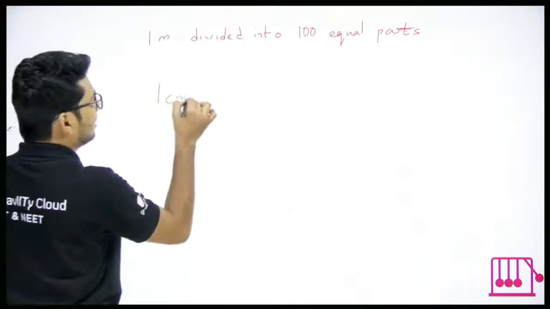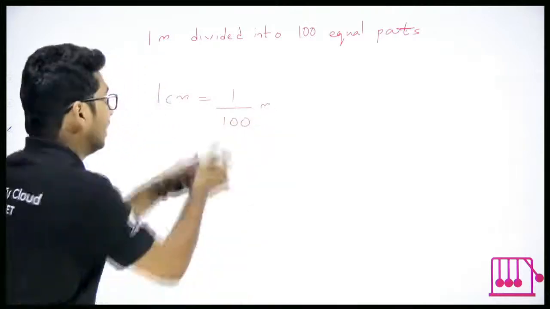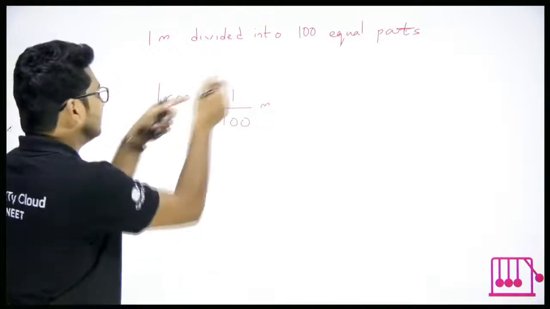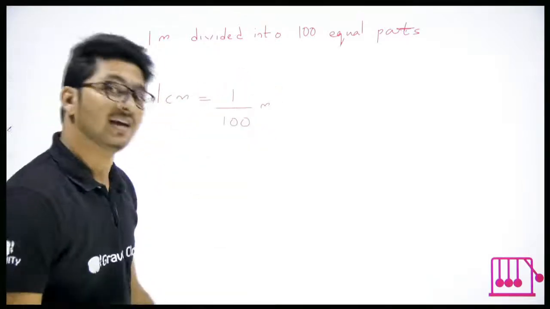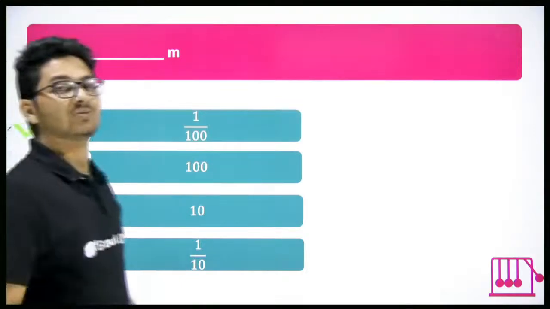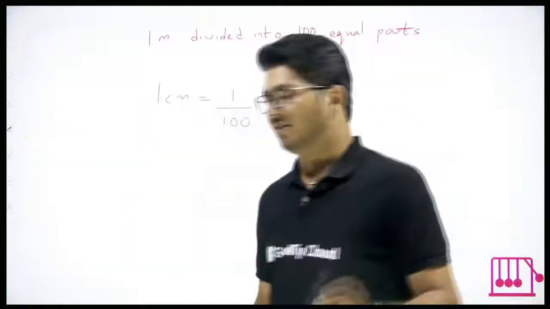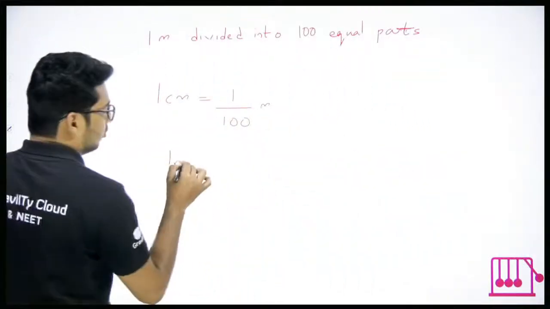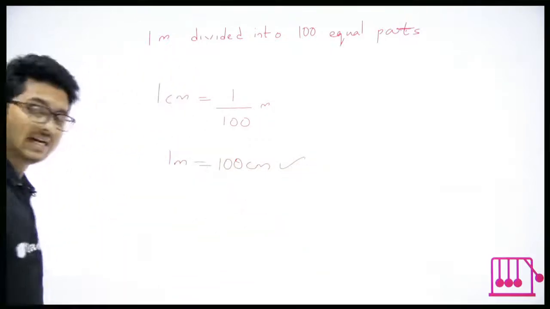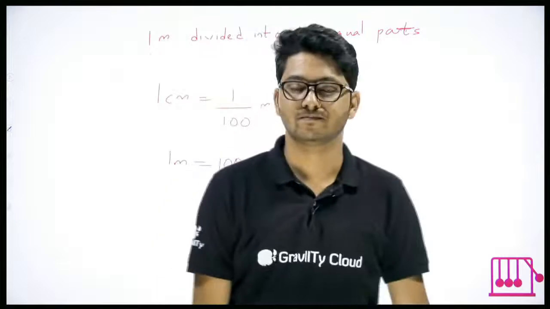So for 1 centimeter, you divide 1 meter by 100. So 1 centimeter is equal to 1 by 100 meters. That is the reason why the answer is option A. Everyone, you have to be very careful with this. 1 meter is 100 centimeter, we know that, but 1 centimeter is 1 meter divided by 100.